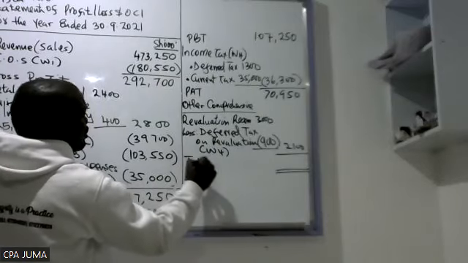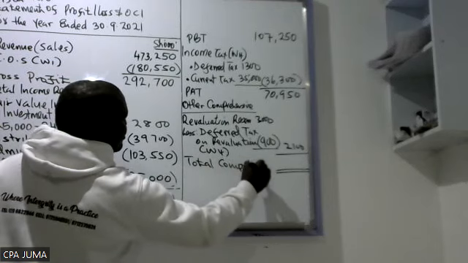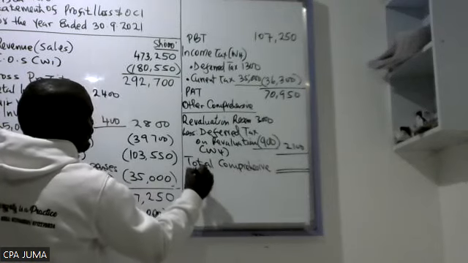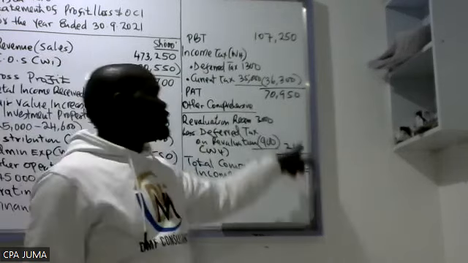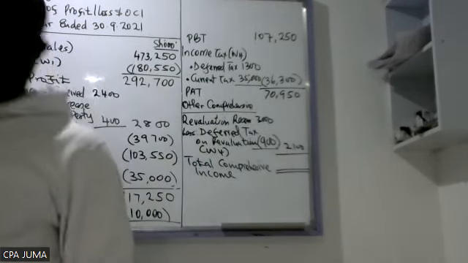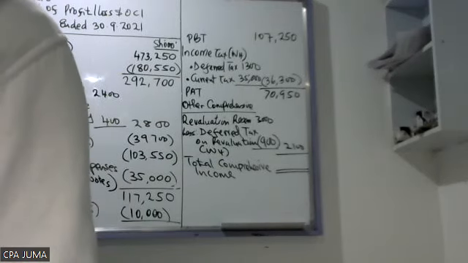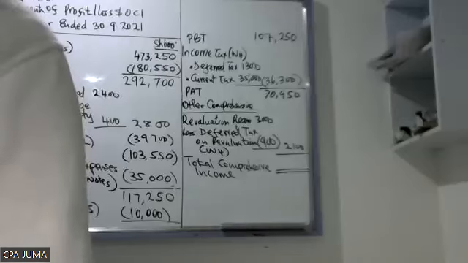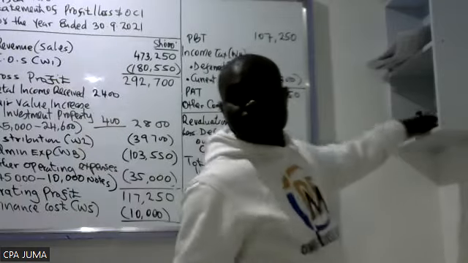So total comprehensive income will be 70,950 plus 2,100.